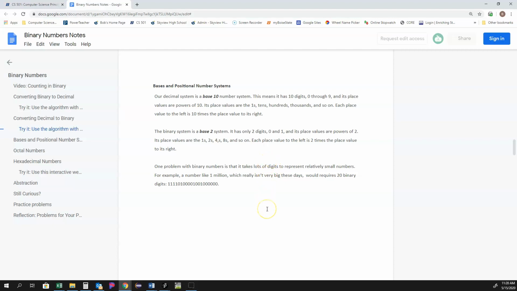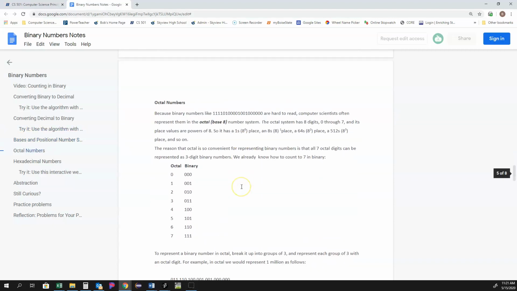When we're starting to deal with very, very large numbers, like a million in binary is this number here, that is still quite a few digits to be dealing with. So we want to create other means for representing large numbers, such as a million. We have a system called octal numbers, and we also have a system called hexadecimal numbers.